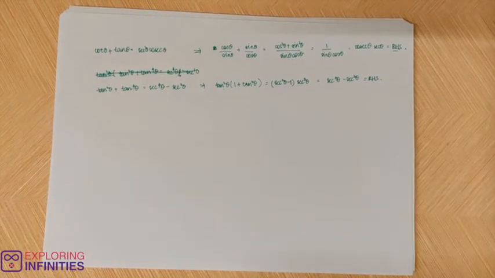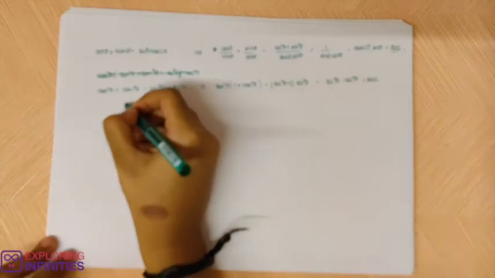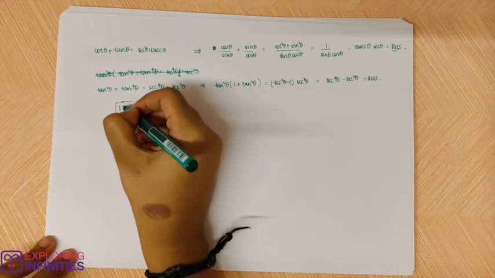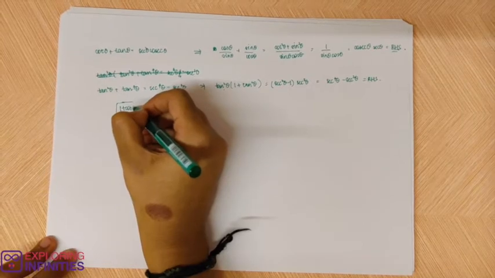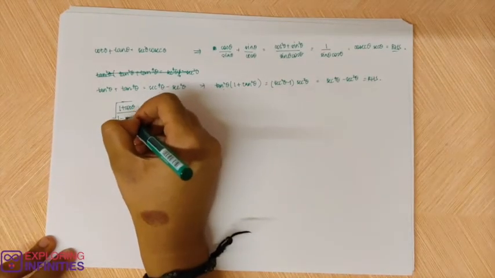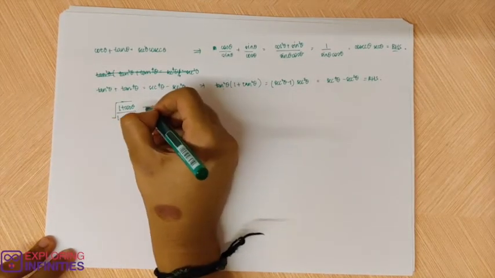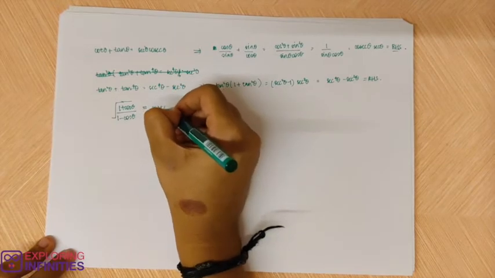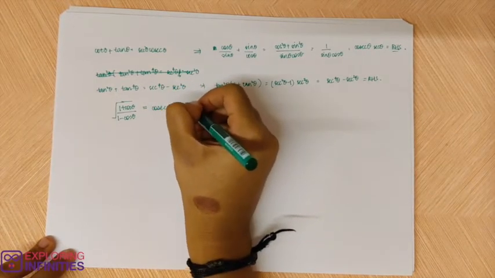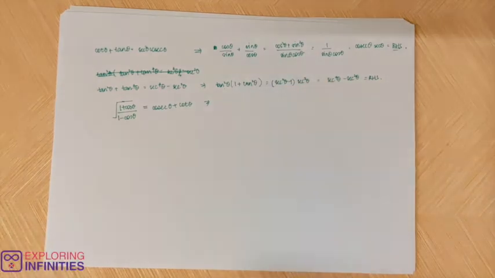Now let's look at another question. Root of (1 plus cos theta) by (1 minus cos theta) is equal to cosecant theta plus cot theta. So again we take LHS.